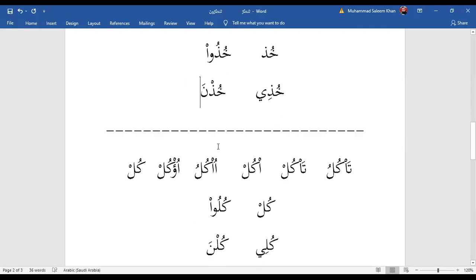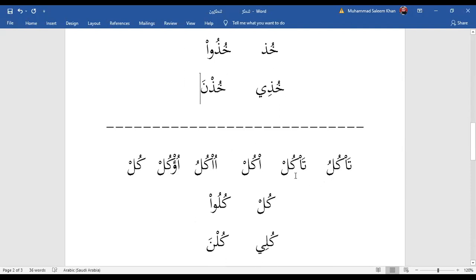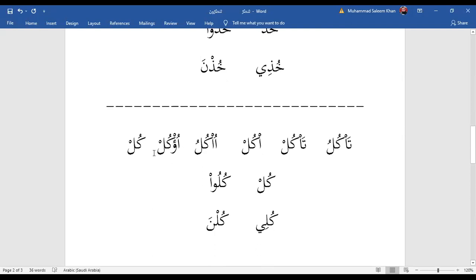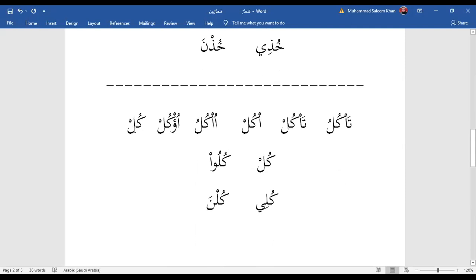Yes, sir. Okay, now we have the same here, ta'kulu, and then we say ta'kul when we make it sakin, and then the alif is sakin and it's kul, and then we have to add hamzatul wasl with dhamma, and it's ukul, and then the u is dropped, and it is read as kul. So kul means you eat, kulu, you all eat, kuli, you eat for the feminine, and kulna, you all ladies eat.